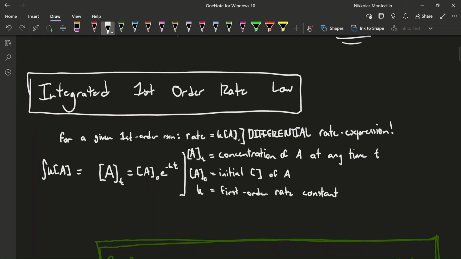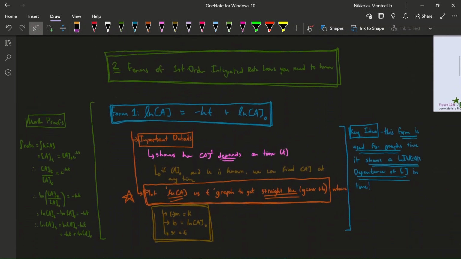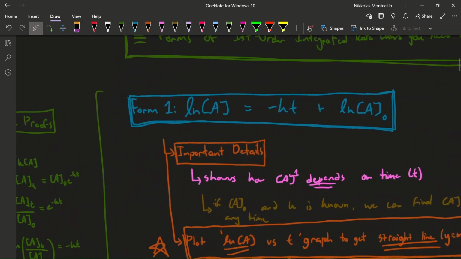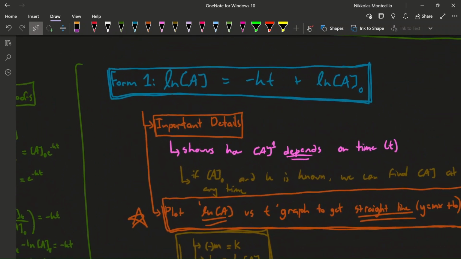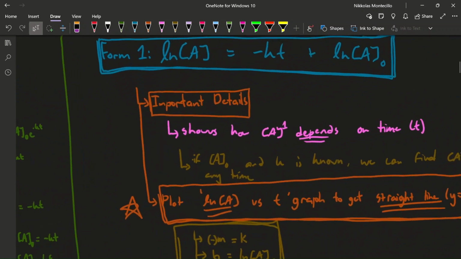Okay. So there are two forms of first order integrated rate laws that we need to know. The first form is the natural logarithm of the concentration of A is equal to negative kt plus the natural logarithm of the initial concentration.